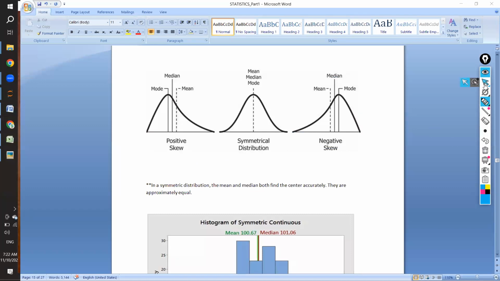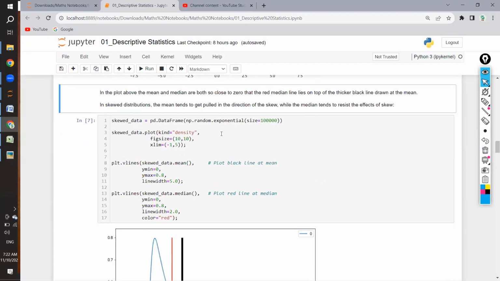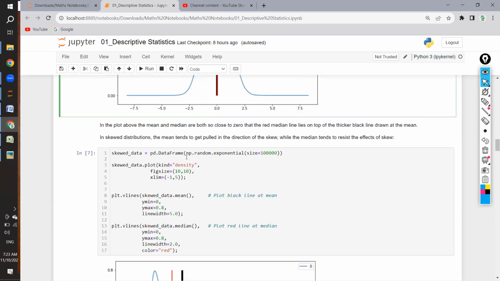Theoretically. But if I want to show you, what I'm trying to do is take another distribution called the exponential distribution. Earlier, if you observe, we took np.random.normal. Here we are taking np.random.exponential. And what is exponential, guys?